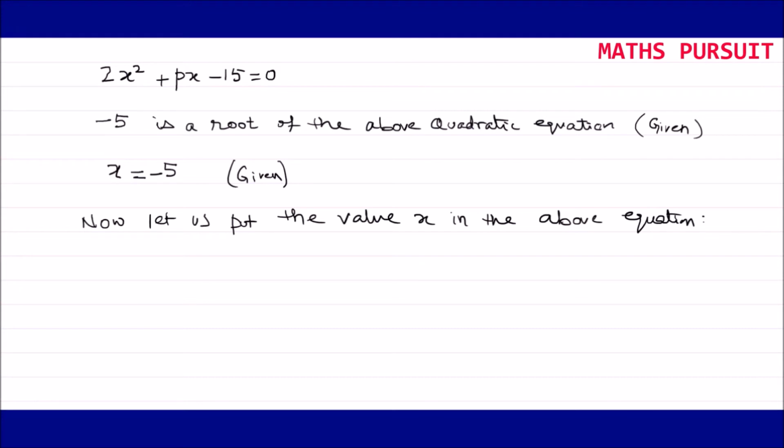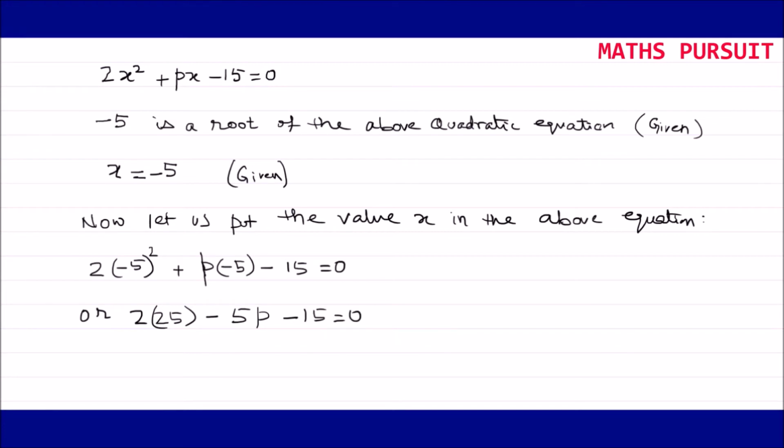So I can write the above equation as 2 into (-5)^2, because 2x^2, instead of x I am replacing it with -5, plus p into (-5), minus 15 is equal to 0.